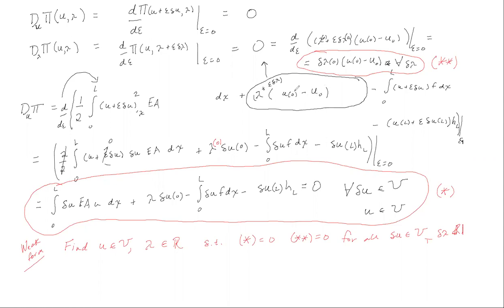So what we're saying is this Lagrange multiplier, we're going to solve for the force required to make sure that our function that we solve for, our displacement evaluated at the left endpoint, is equal to this displacement value, u naught. Okay. So u naught was a constant we put in way at the beginning. That's correct. Okay.